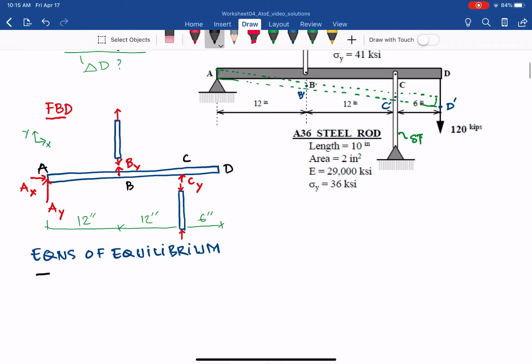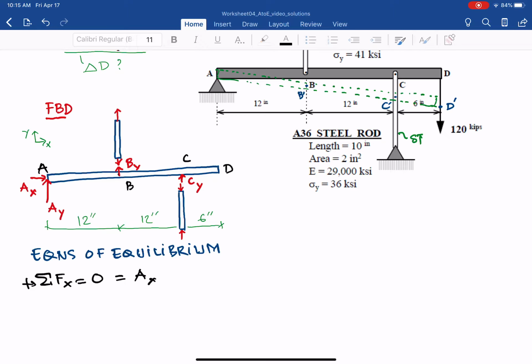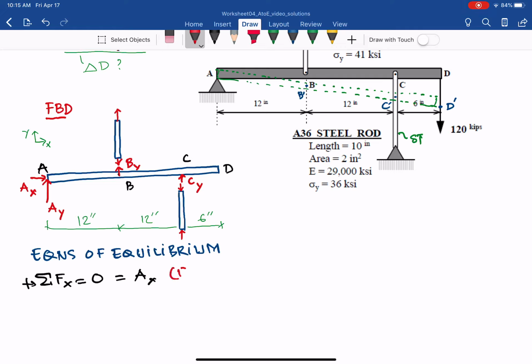Sum of all the forces in the x direction equals 0, and in this case only Ax. Let's call that equation 1. Then we have the sum of all the forces in the y direction, assuming going up, equals 0.